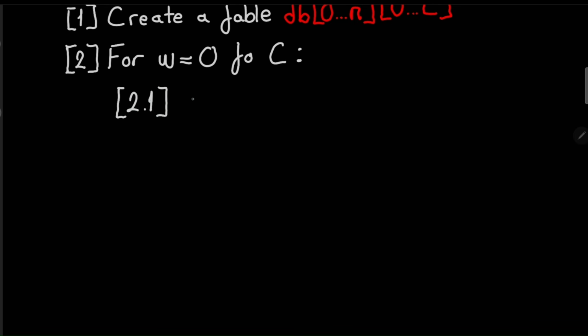I will put 0 there. Since it is the first row, we are writing 0 for that specific capacity. So we are filling all the columns with zeros for the first row.